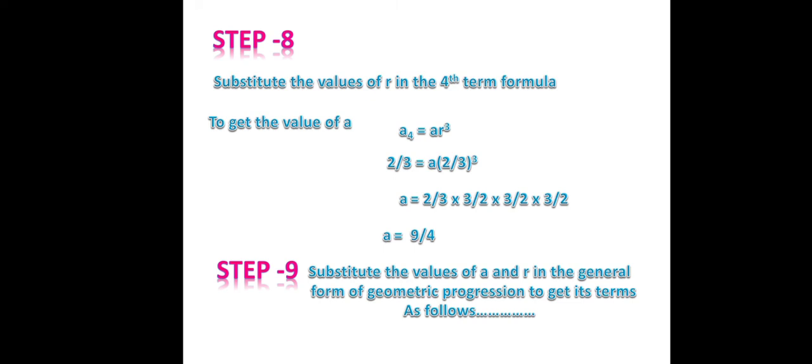And now the next step is to substitute the value of a and r in the general form of the GP to get the terms of the geometric progression as follows.